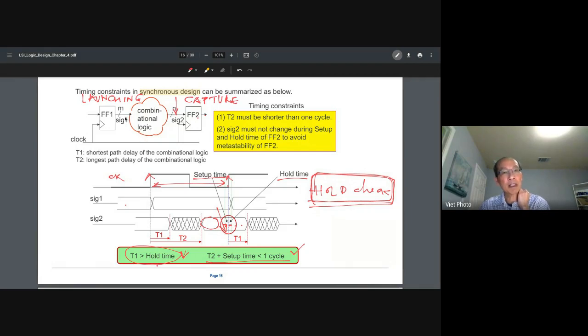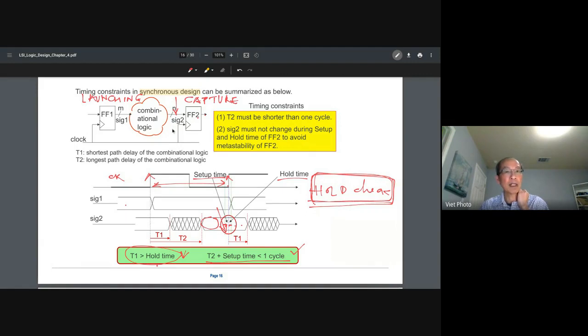So for 2 gigahertz, instead of having a full 500 picoseconds, you have to give 100 picoseconds to the clock skew. That means the data path needs to be sped up to only 400 picoseconds, which is 20%.